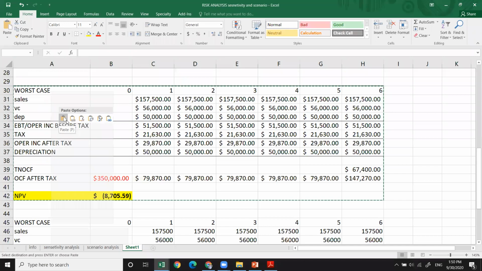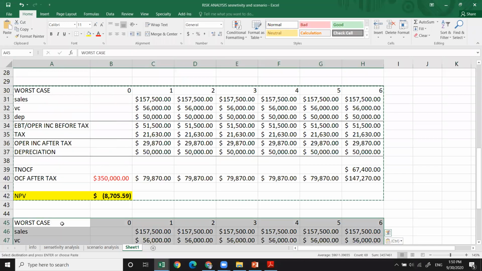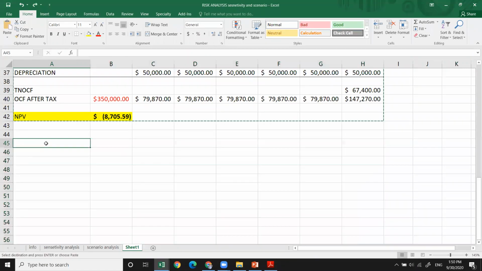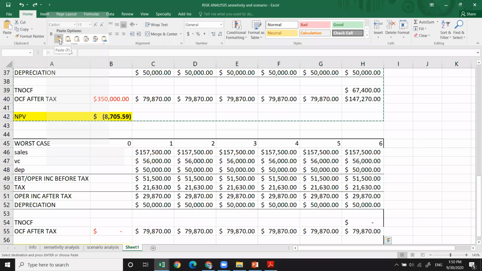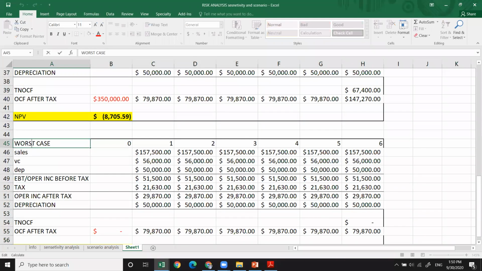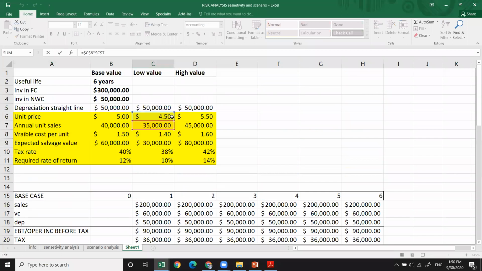Now I'll create the best scenario. In the best scenario, we'll select the best values. So in here, which means that we'll increase the number of the annual sales and the price per unit should be increased.